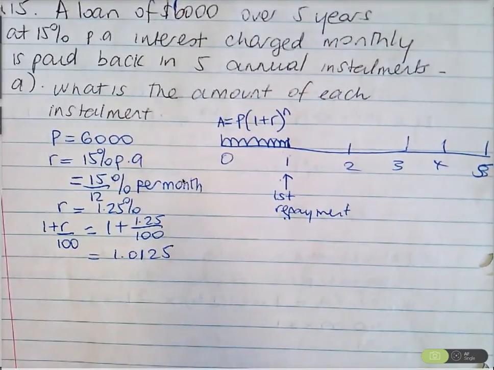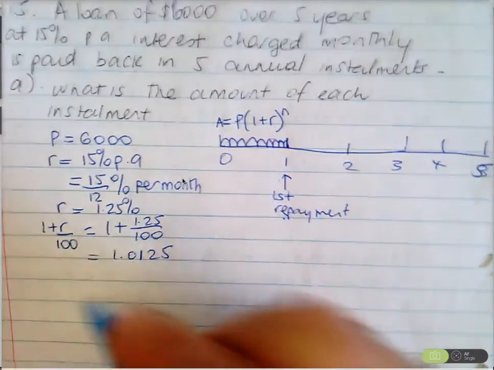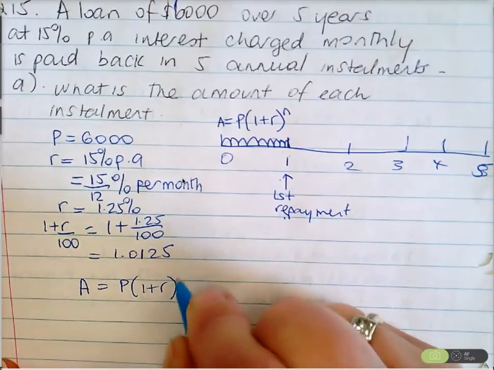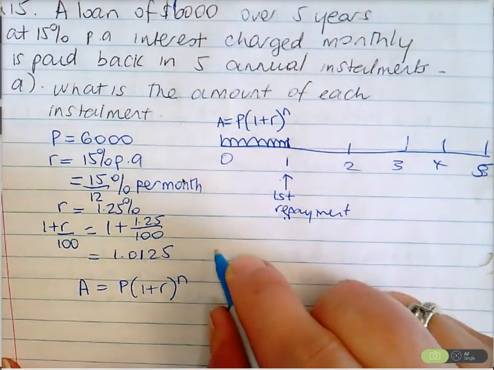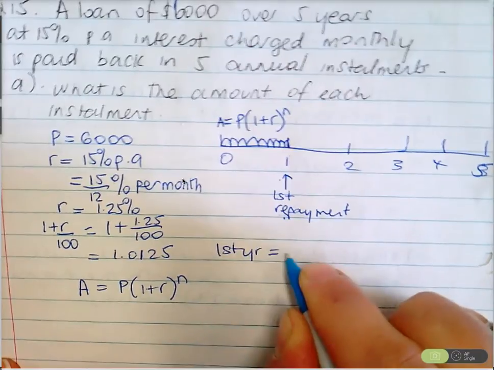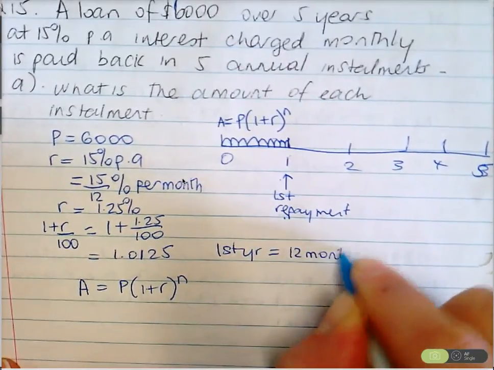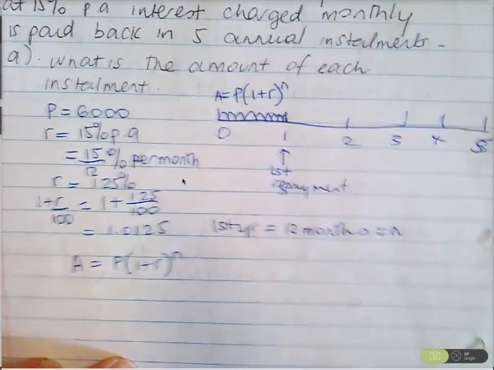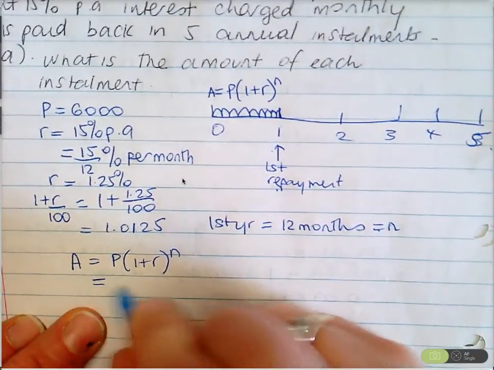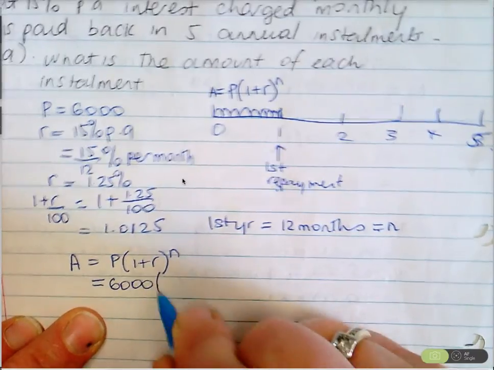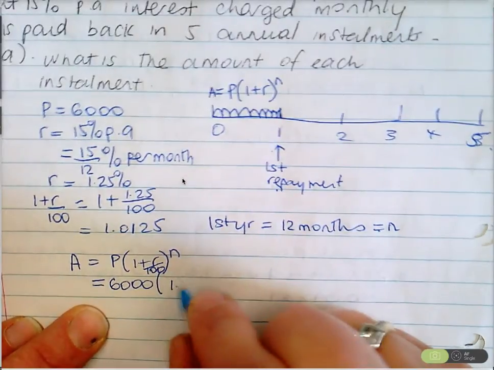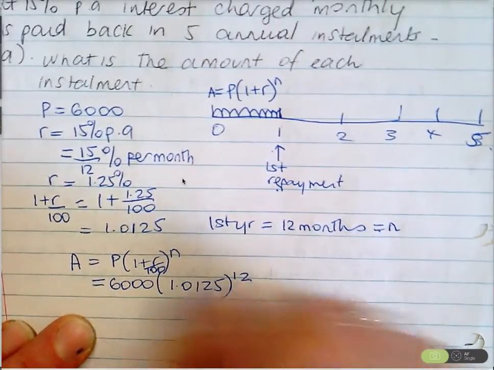Wait. Before I make my first payment, interest has to be compounded for 12 months. So A equals P, 1 plus R to the N. For the first year, N equals 12 months. So over the first year, 6,000 times 1 plus R over 100, which is 1.0125, to the power of 12.